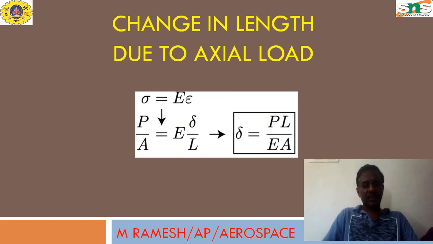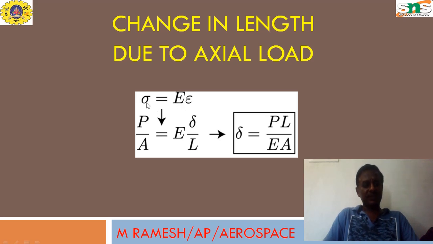Finally, the last thing to be discussed. What is the change in length due to the axial load applied on the material? Actually, it is derived from Hooke's law only. Here it is already given that the stress is directly proportional to strain, and we are introducing an elastic constant, Young's modulus.